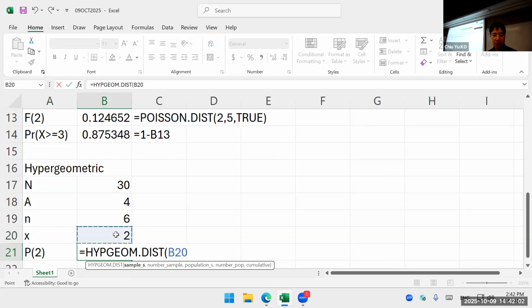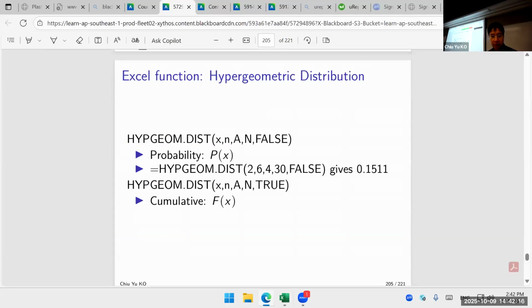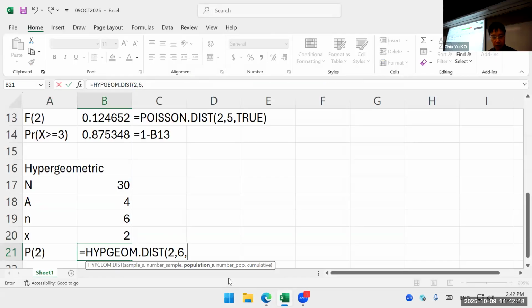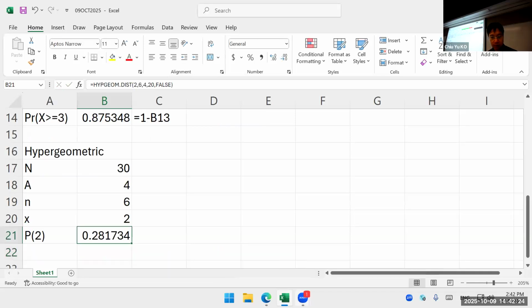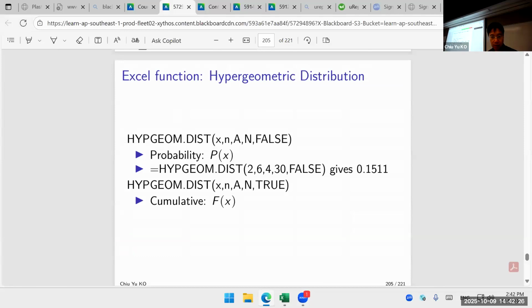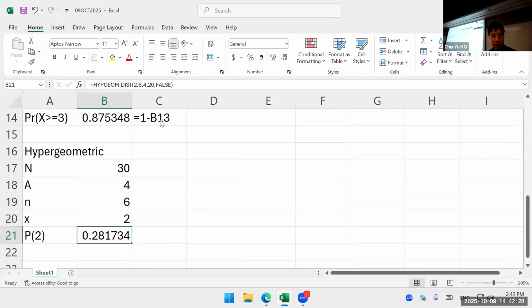You put X, so you put 2 here, and then you put 6 here, and then A, or did I forget? Yeah, 4. You put 30, then false. Oh, 6, 4. Oh, 30, sorry.